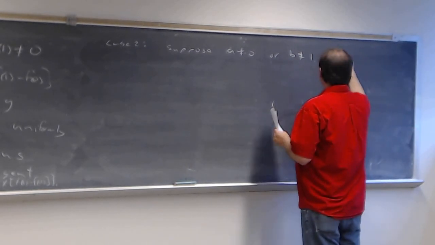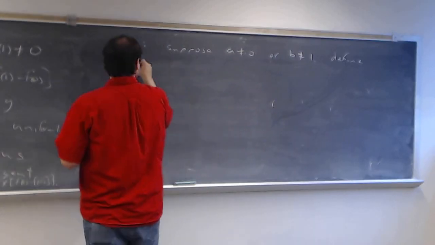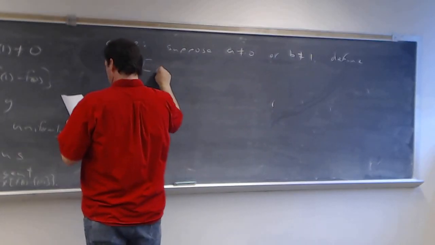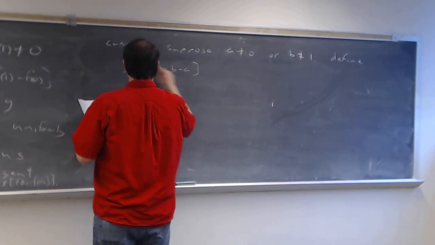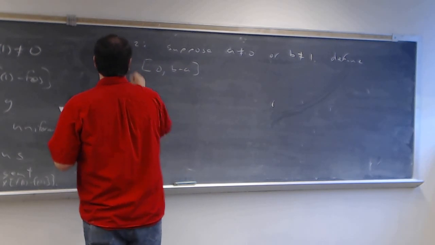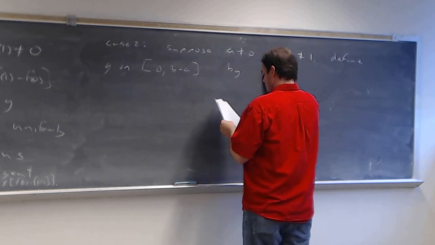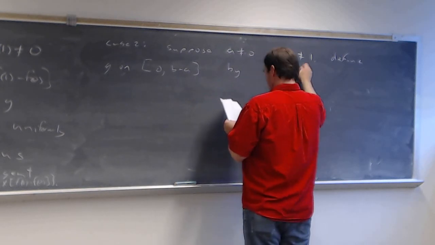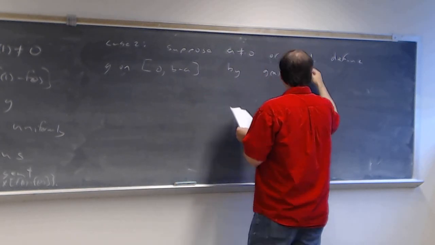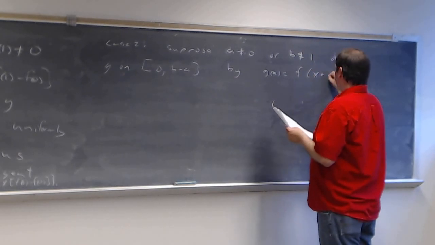So we're going to define g acting on 0 to b minus a by g of x equal to, remember, f is defined on a to b, and so here it's going to be f of x plus a.